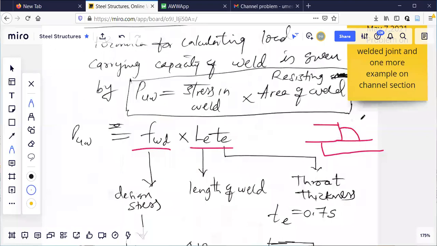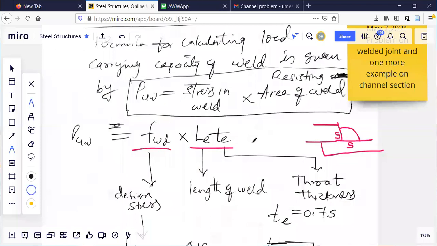This size I call S, and this is also S. It is usually 5 to 8 mm.